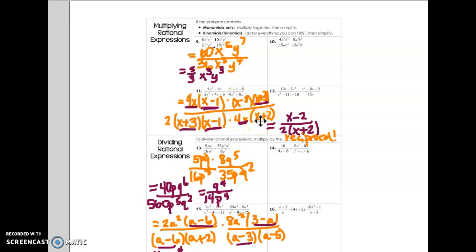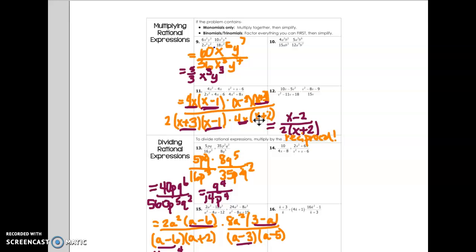Okay, and then I want to start looking for common factors. So I see 4x and 4x. I see x minus 1 and x minus 1, x plus 3 and x plus 3. So I can cancel out all those common factors, and I'm left with x minus 2 over 2 times x plus 2. Okay, so that's my final answer, multiplying and simplifying.